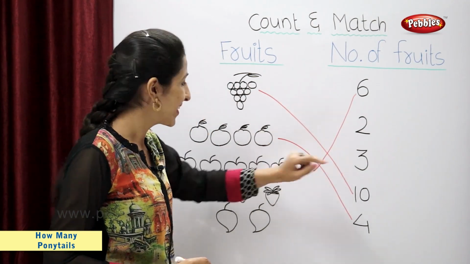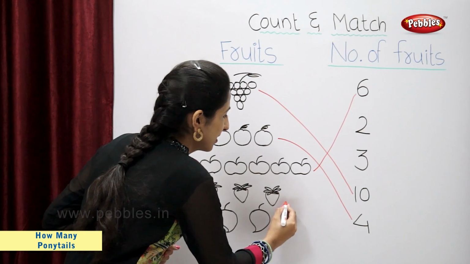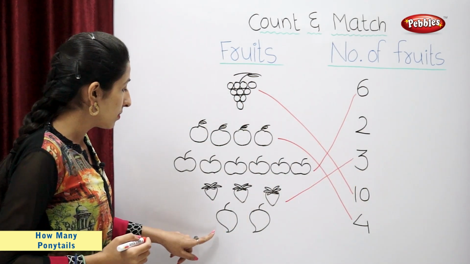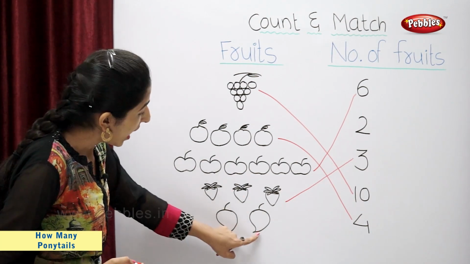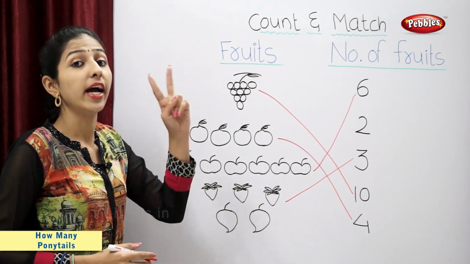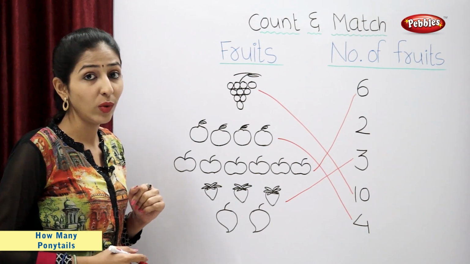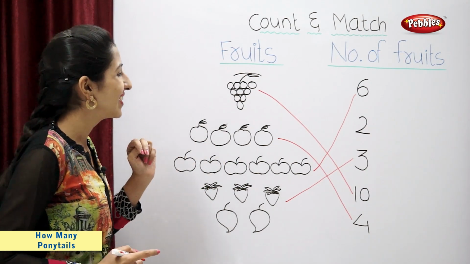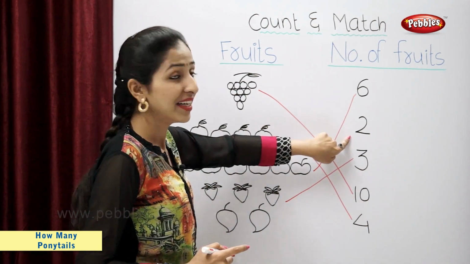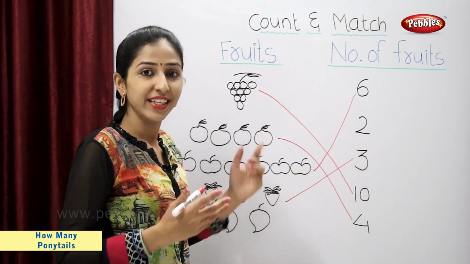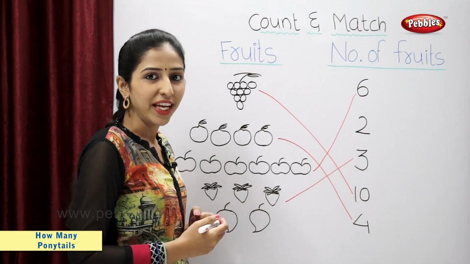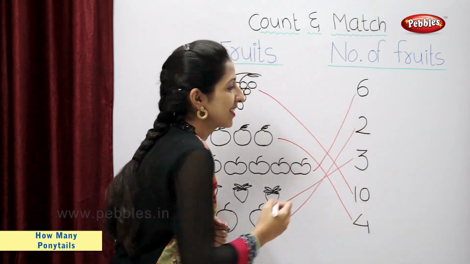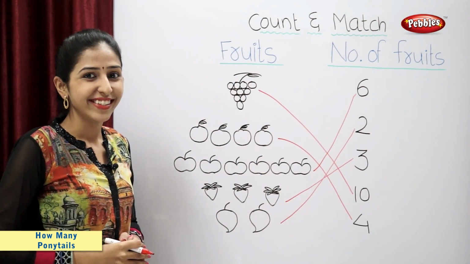Number 3. 1 and 2. So there are 2 mangoes. And now let's find number 2. Number 2. Now let's match. Very good.